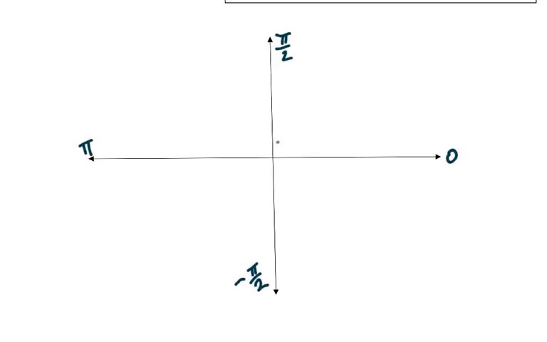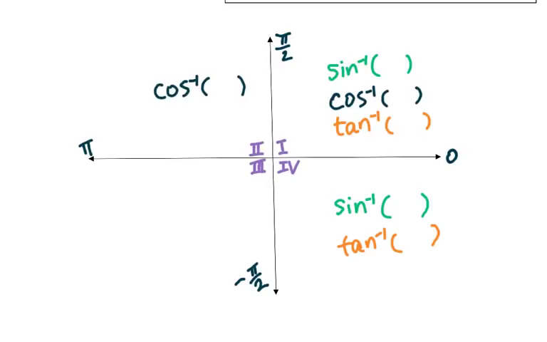We still call this 1, 2, 3, 4 quadrant. For inverse sine, cosine, and tangent function, if domain is a positive x, that means the range will be between 0 to pi over 2.